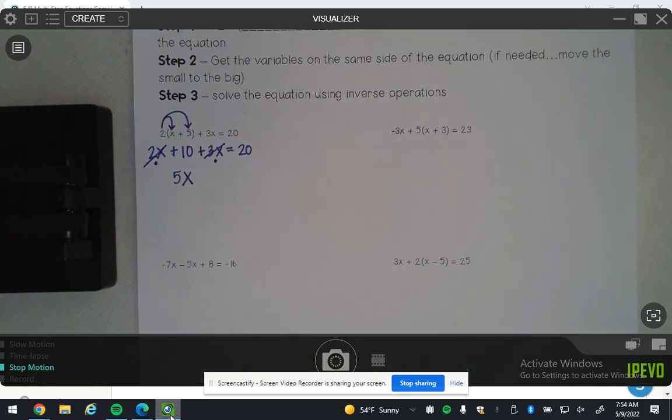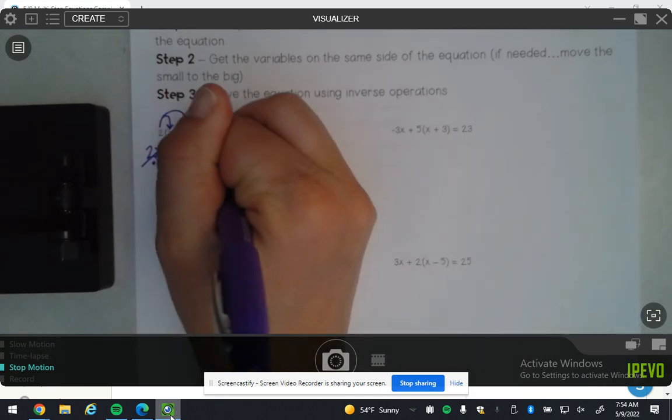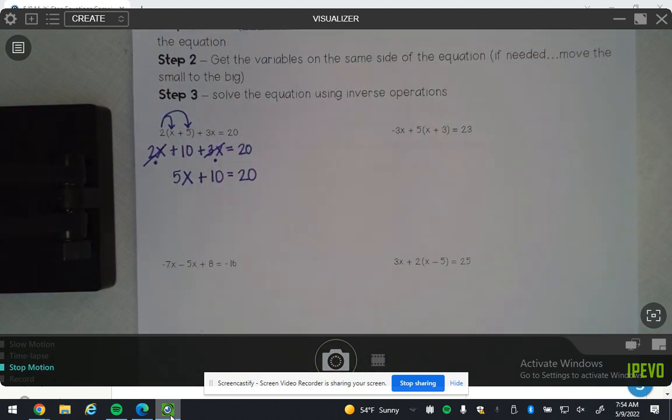Remember I used to do that? What about that plus 10? Bring it down. Equals 20. Now, do I have any parentheses or anything else?